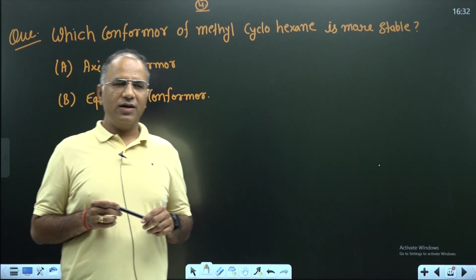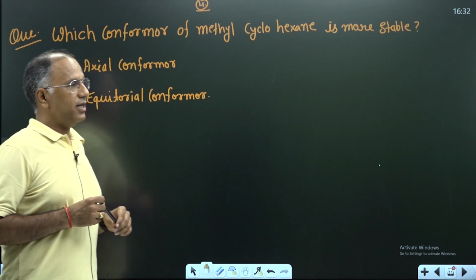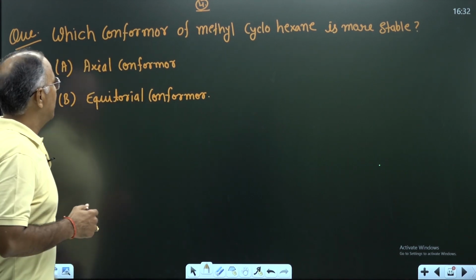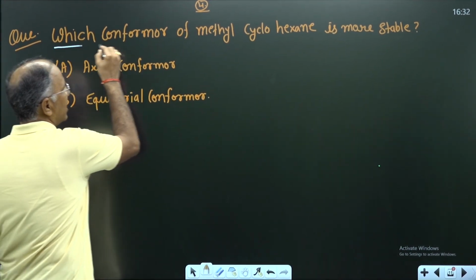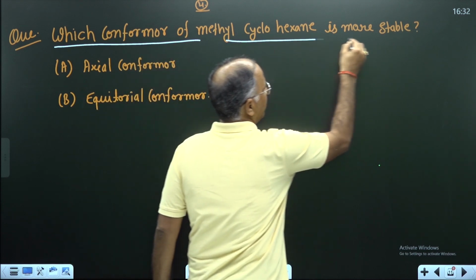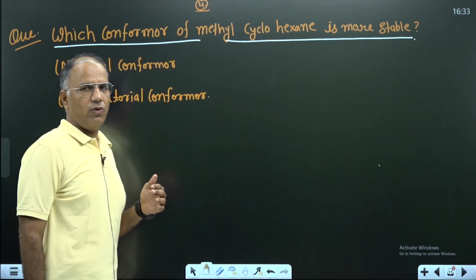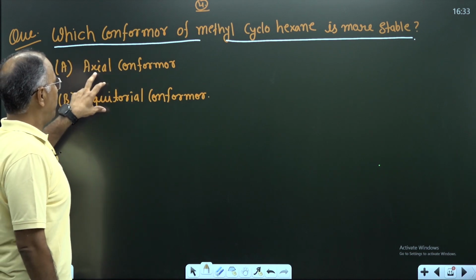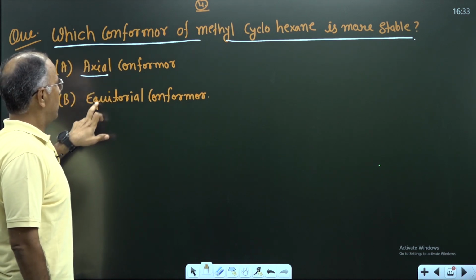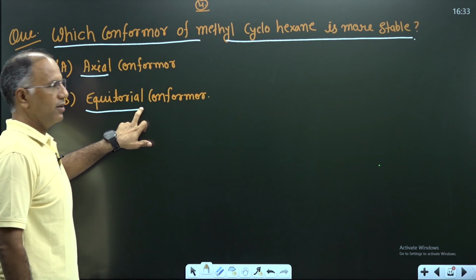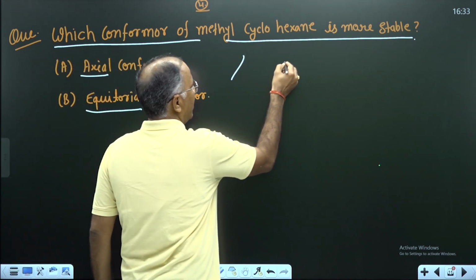Hi, hello to everyone. Now today we are going to study the next lecture of conformer. Now we have to find which conformer of methyl cyclohexane is more stable. If we place our methyl at axial position or equatorial position, basically we have two options.